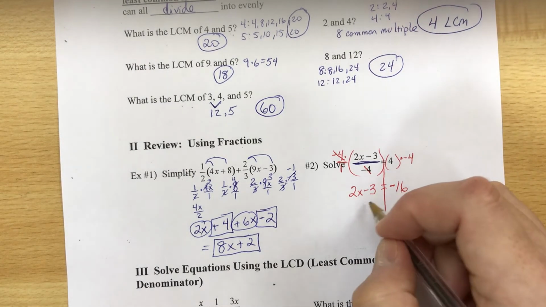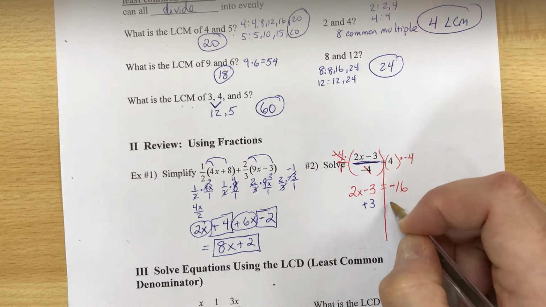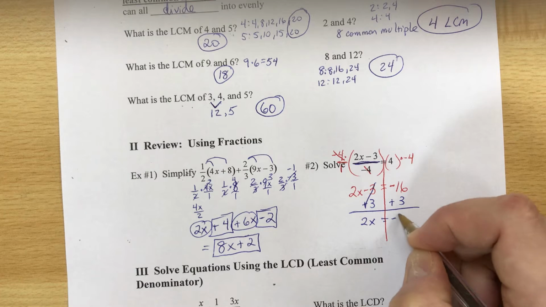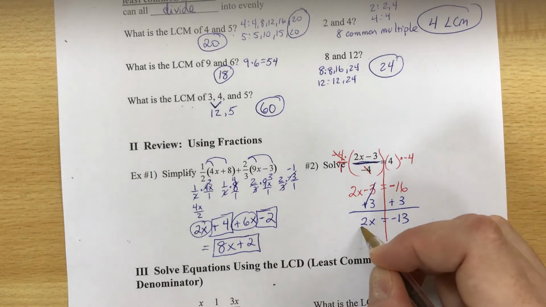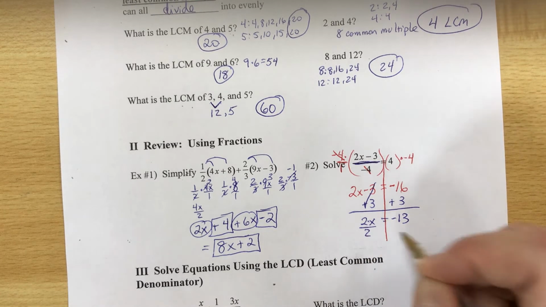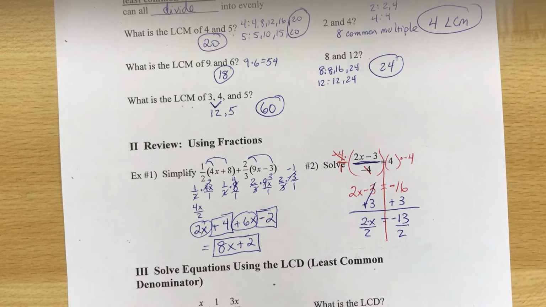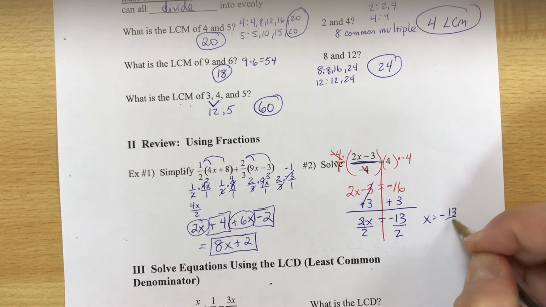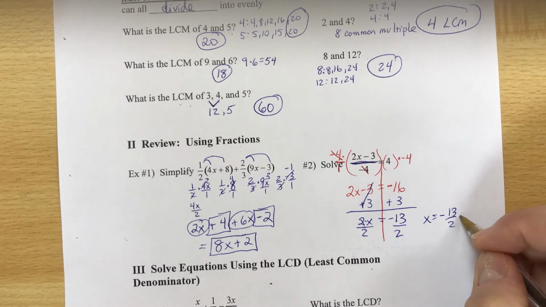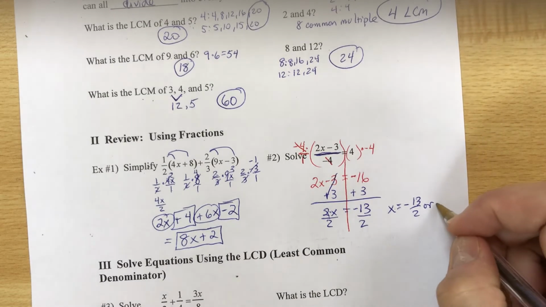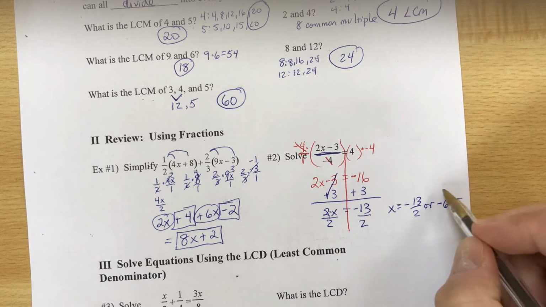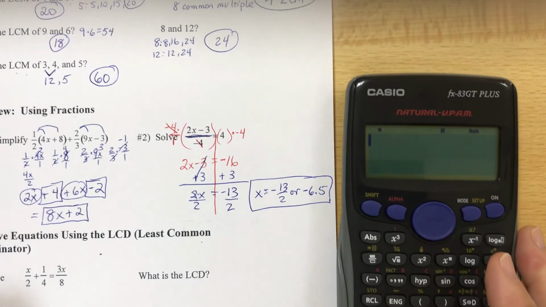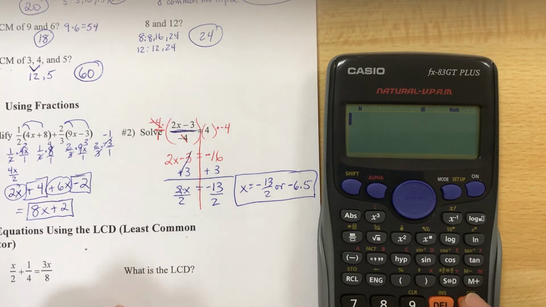And now we have a normal problem. Let's move the constant, so we'll go plus 3 on both sides, so 2x equals negative 13, and then the last move, that's 2 times x, so to undo that, we divide, and we get x equals, now negative 13 over 2 is a good answer, or you could say negative 6.5. That's the decimal. And one thing that we've talked about is you always want to check your answer.